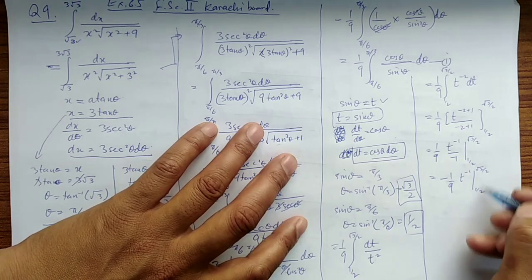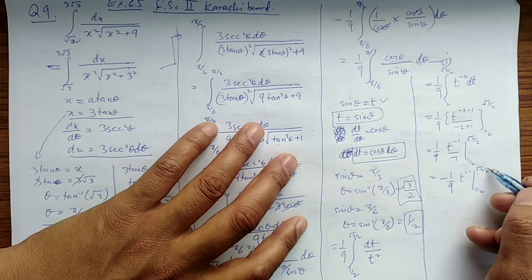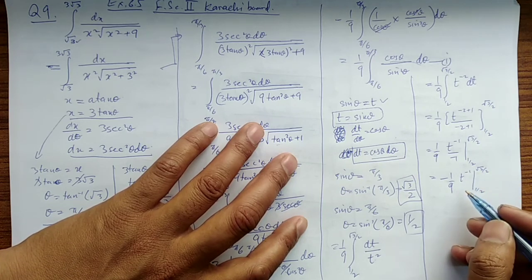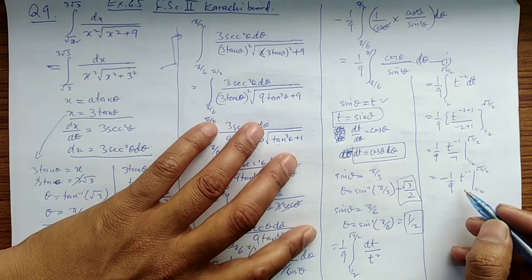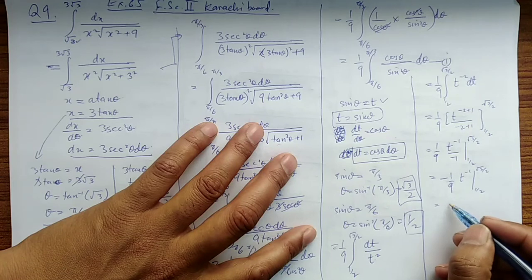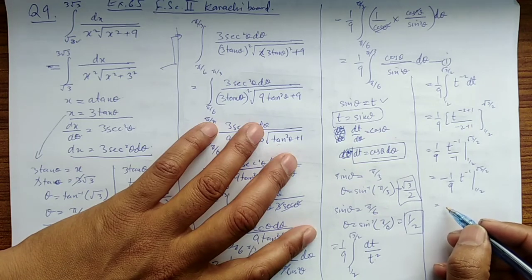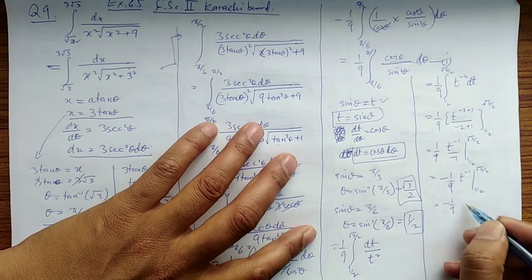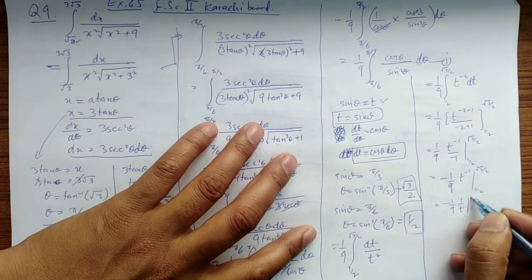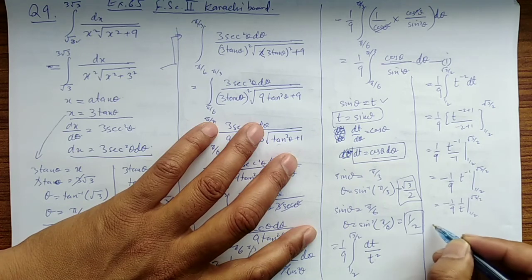Now putting the limits in place of t, what we are going to obtain is this, which can be written as minus 1 upon 9 times 1 upon t, from 1 upon 2 to root 3 upon 2.